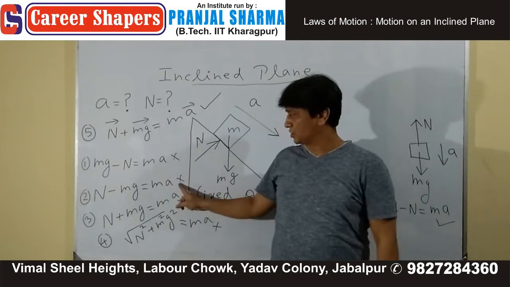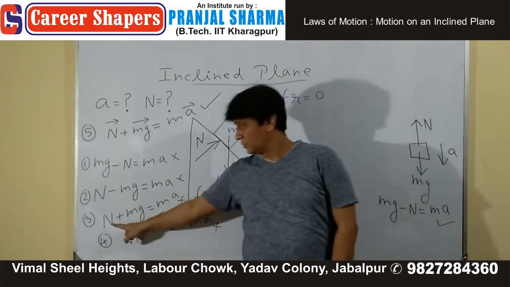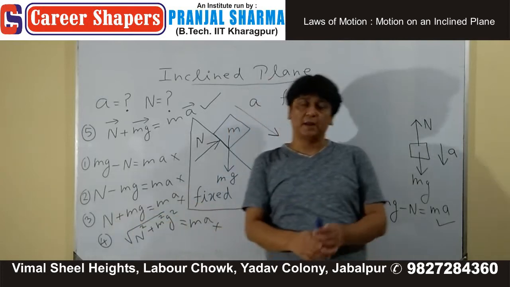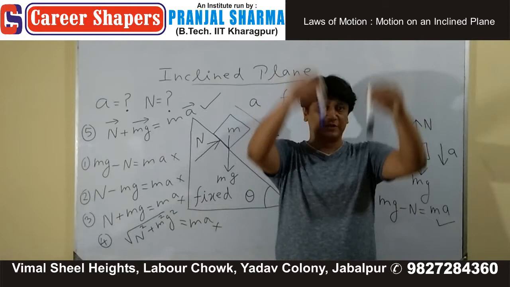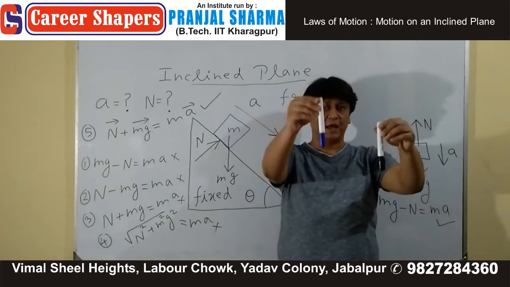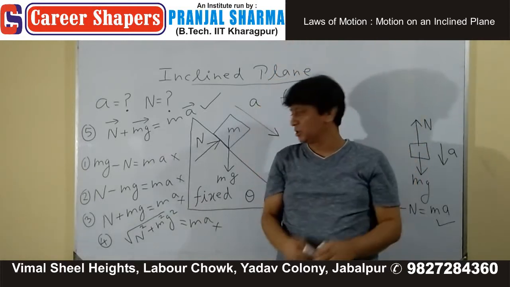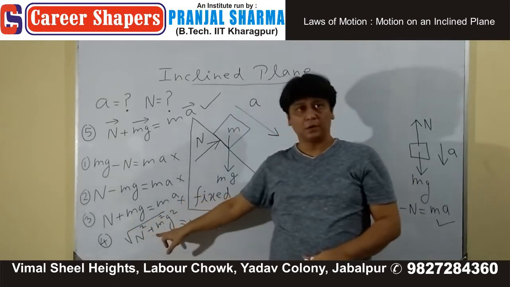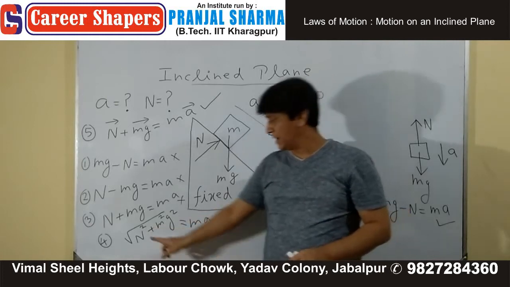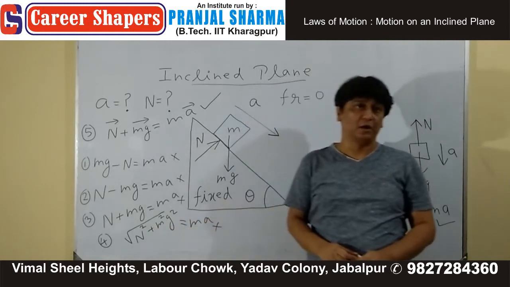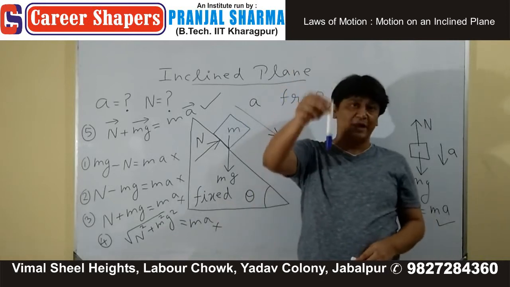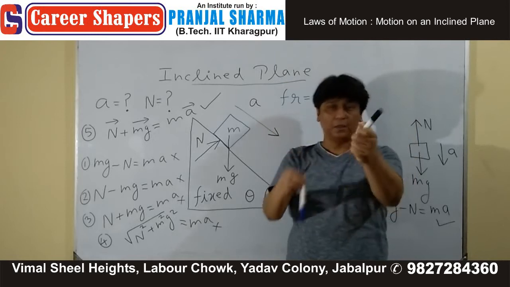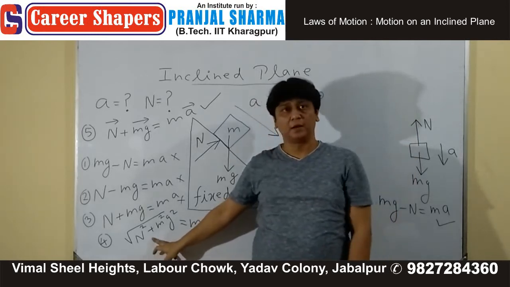And therefore this is wrong, this is wrong, this is also wrong. There are no vector signs. N plus Mg would be correct if all the forces are acting in the same direction. The fourth one you can write provided N and Mg are mutually perpendicular.